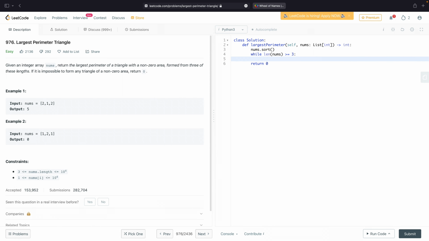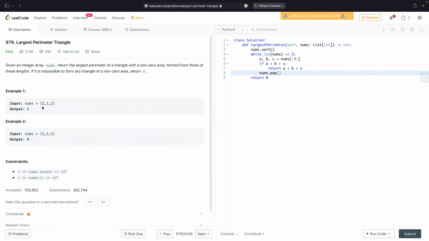So what we want to do is A, B, C is equal to nums -3 onwards. If A plus B is greater than C, return A plus B plus C. Otherwise, nums.pop.